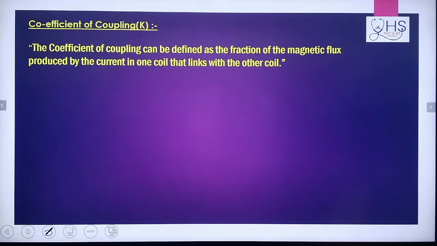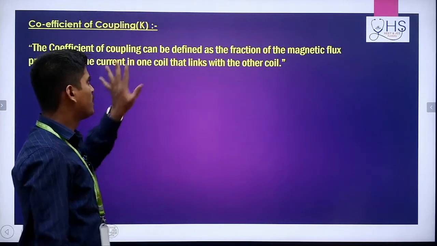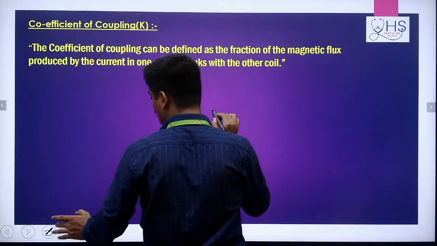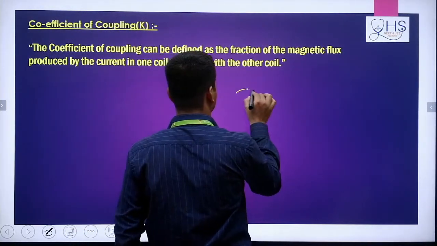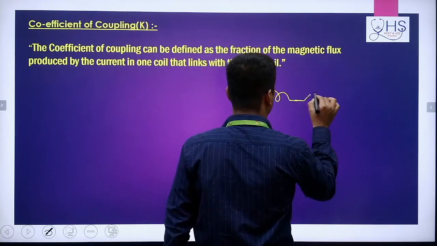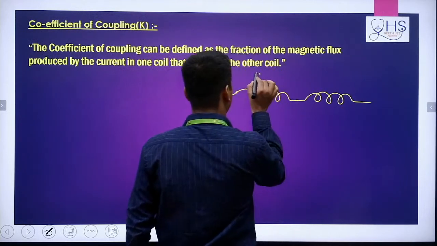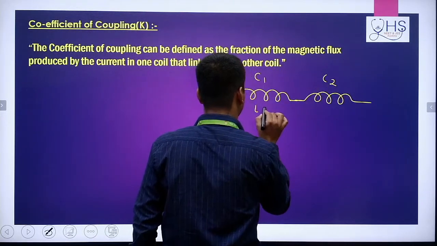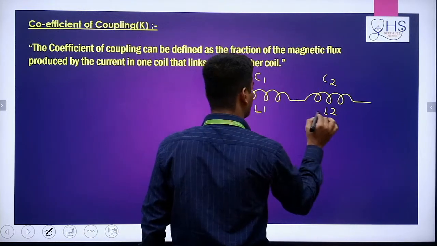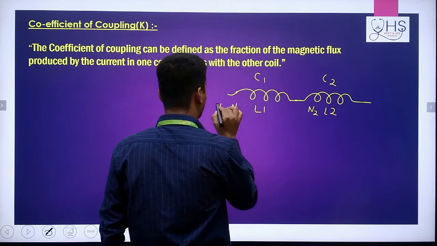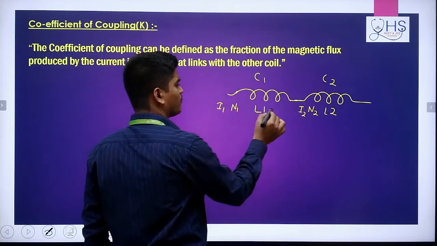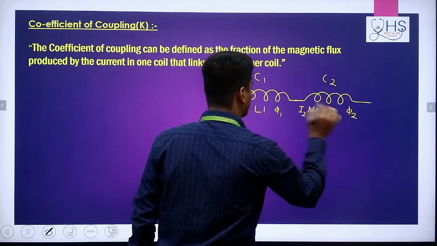So we are discussing the coefficient of coupling. When two nearby coils are there, coil 1 and coil 2, having self inductance L1, self inductance L2, number of turns N1, N2, current I1, I2, and here flux phi 1, here flux phi 2, these terms are there.